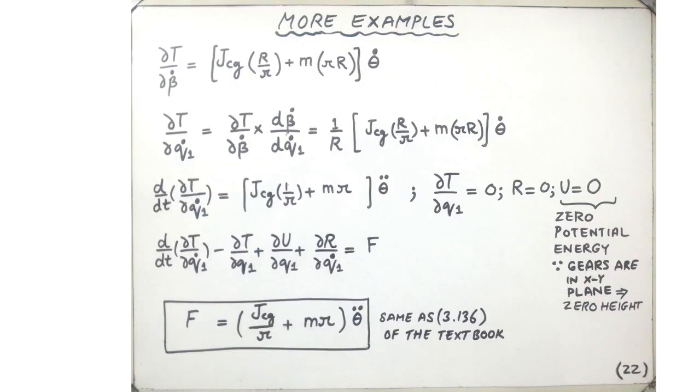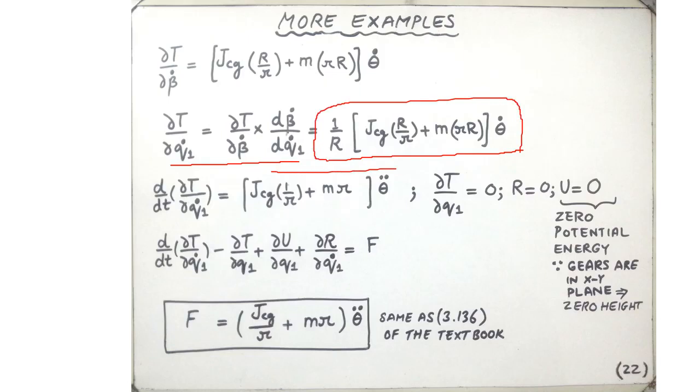Our goal is to calculate the partial derivative of kinetic energy with respect to q1 dot. So we apply chain rule, and this requires us to divide the whole expression previously obtained by capital R. The final expression of partial derivative of kinetic energy with respect to q1 dot is this.